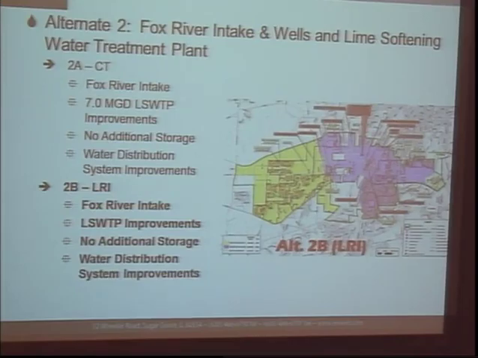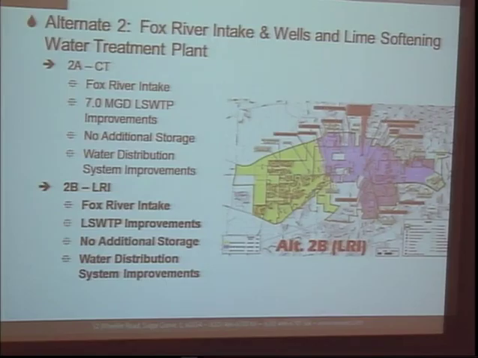Alternate 2, the less resource intensive, is summarized again in the exhibit, as well as in text form, 2B on the exhibit. So here would be the Fox River intake, and if it was current trends, you have to expand your existing lime softening plant. Your existing lime softening plant is rated for about 5 MGD. So if water use were to progress, you would actually exceed that.